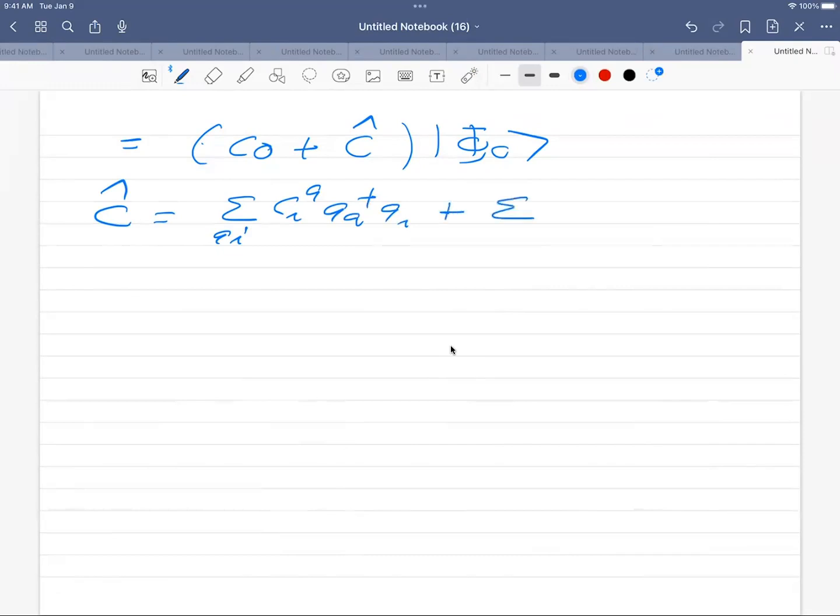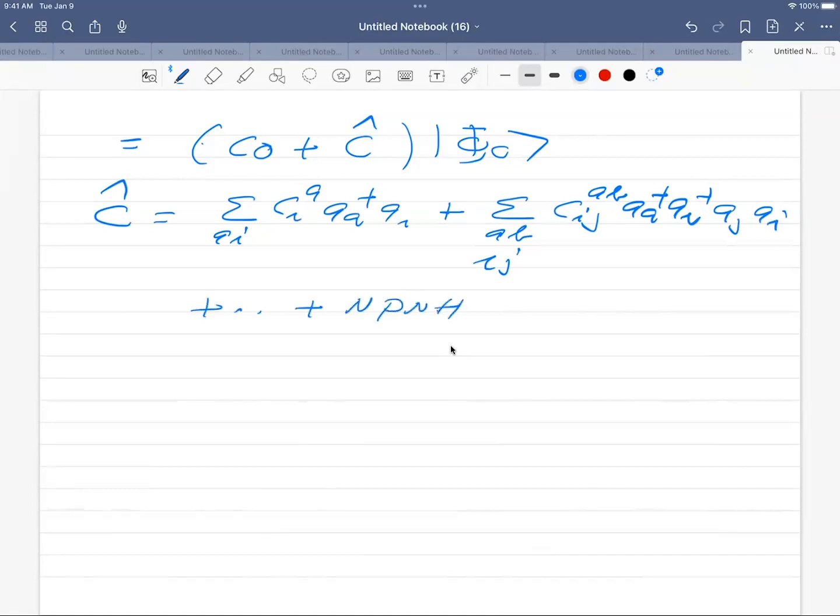This is where I always mess up when I have a's and i's and j's and so on. And then plus, and so on, up to the n particle, n hole operator. So we would typically rewrite this in a more compact way now.